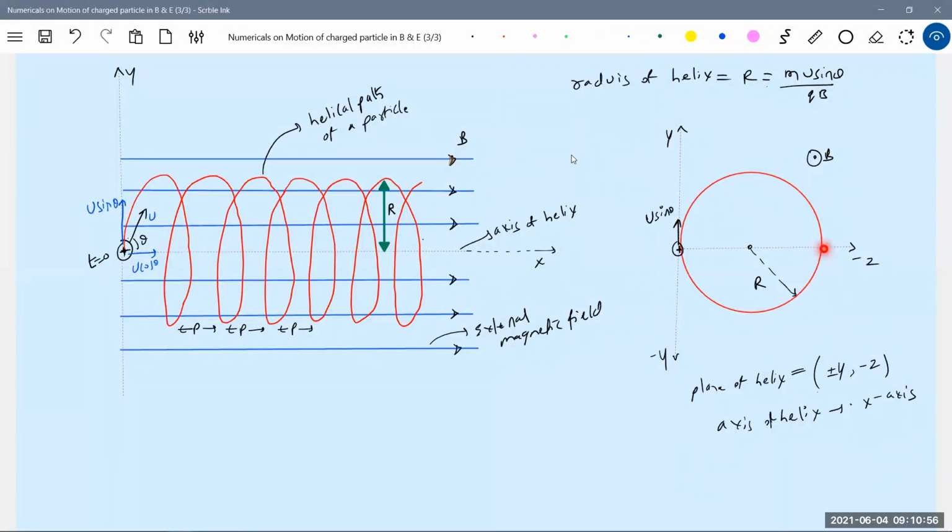Your coordinate geometry is very, very essential. At t equals 0, it will be here. At t by 2, it will touch the negative z-axis. Then from t by 2 to t, it will come and meet the x-axis. Here it is not touching the x-axis; it will be on the z coordinate.